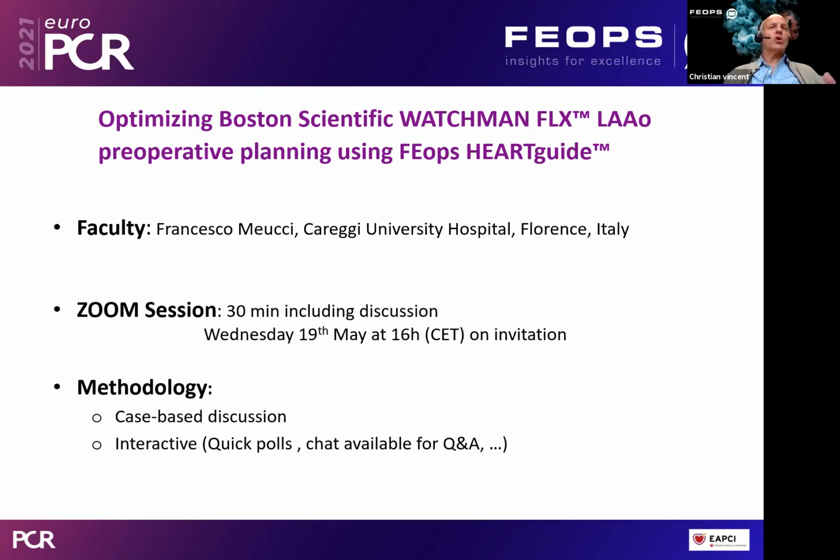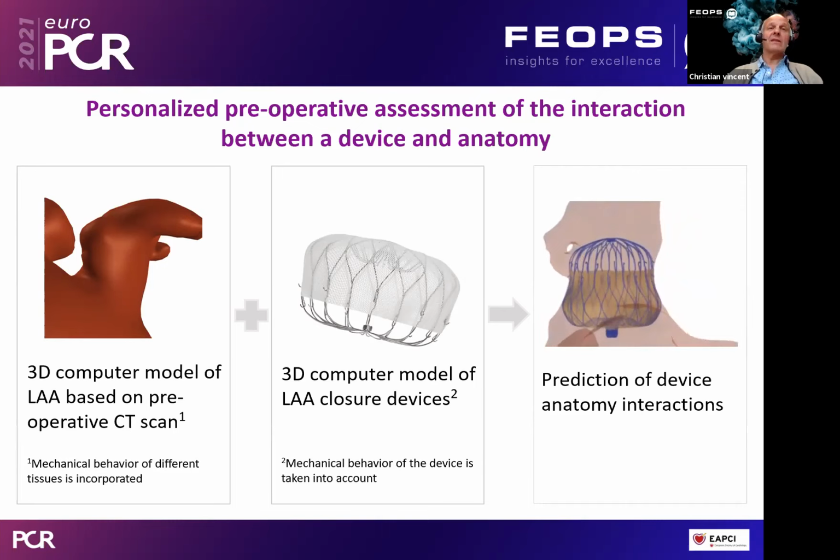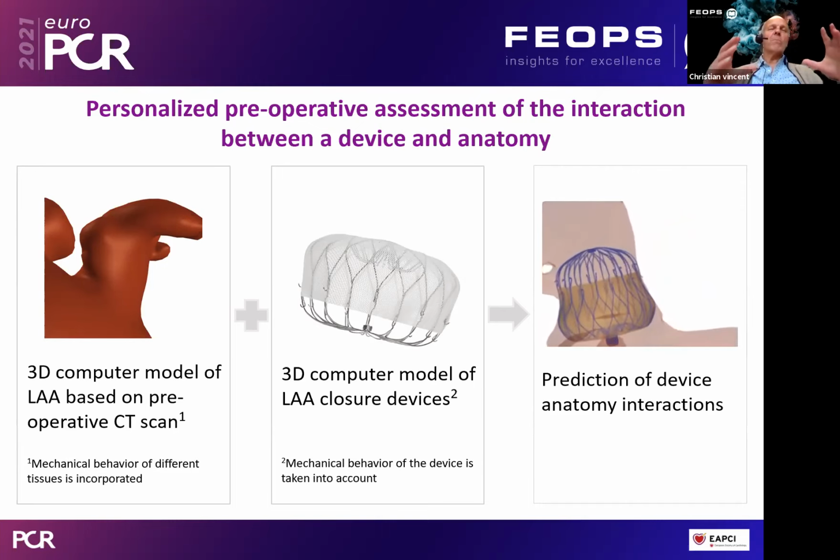It will be very interesting to get a little bit about your opinion about what we'll be sharing. Just as a short introduction, I would like to say a few words about FEops. FEops is a simulation computer evaluation for LAA intervention, and in this case, we are supporting the Watchman Flex device. So what we do, we make the acquisition of the CT scan from your patient. So it's a CT scan dependent planning tool. With this, we make the reconstruction of the anatomy.